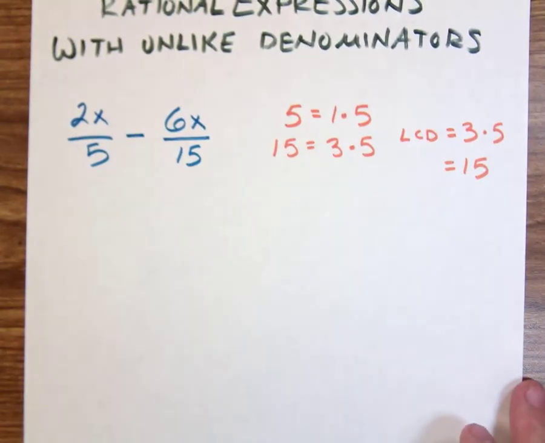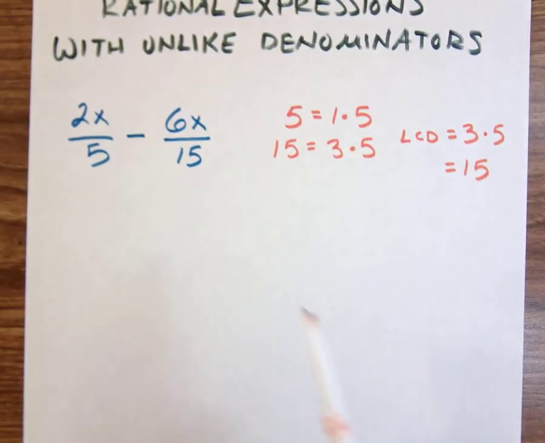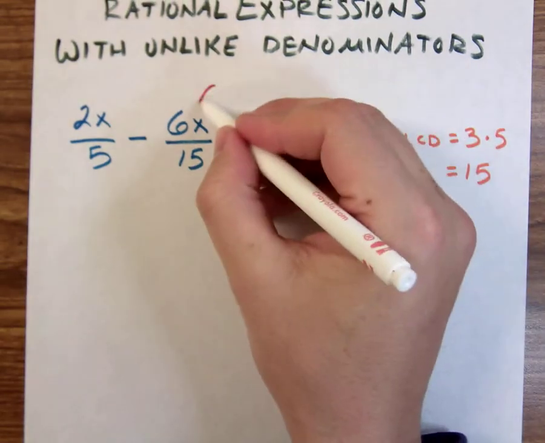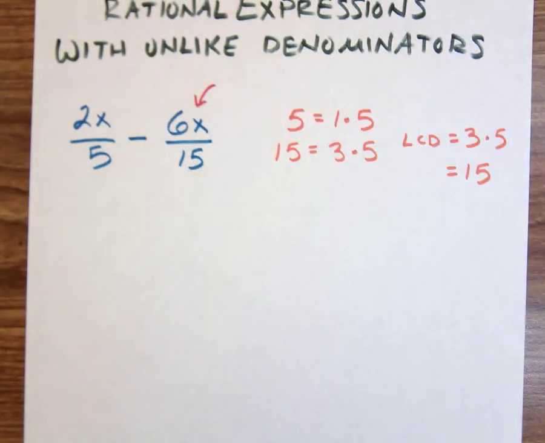Okay, here's what that tells us. It tells us I need to change these two fractions so that they both have a denominator of 15. Well, good news, this one already has a denominator of 15, so that one's good to go.